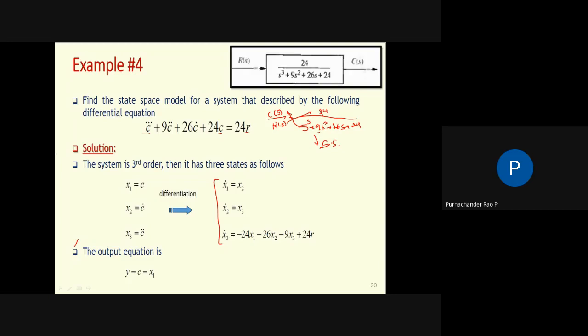The order of the system is 3, so you have three state variables x1, x2, and x3.